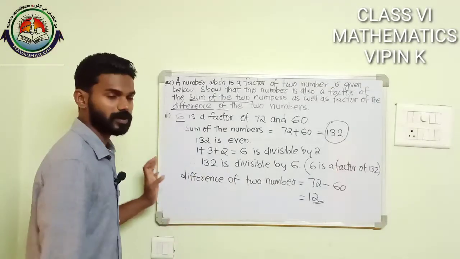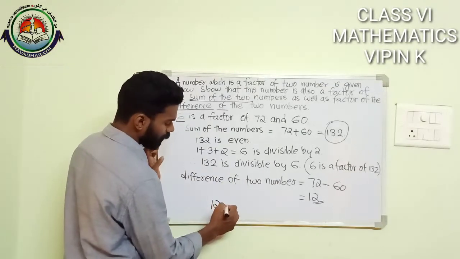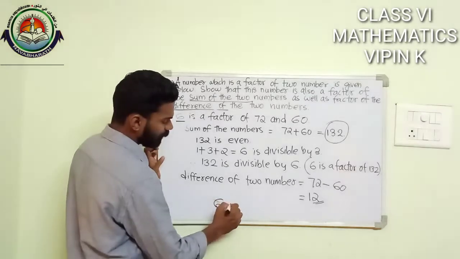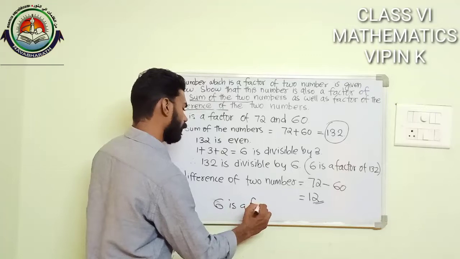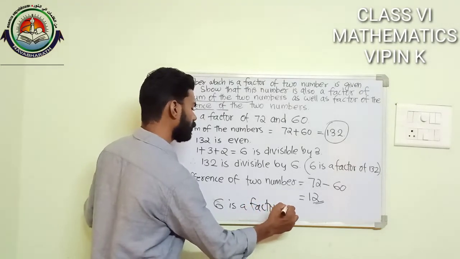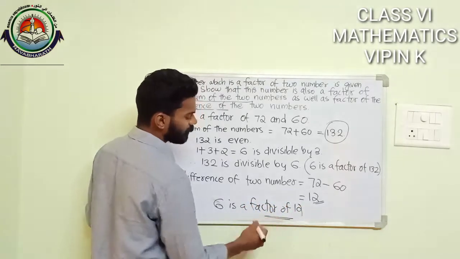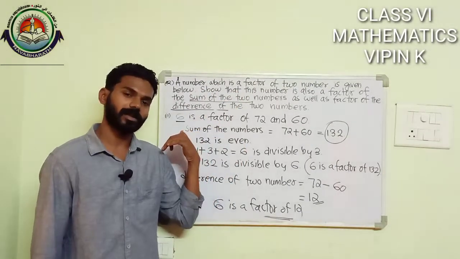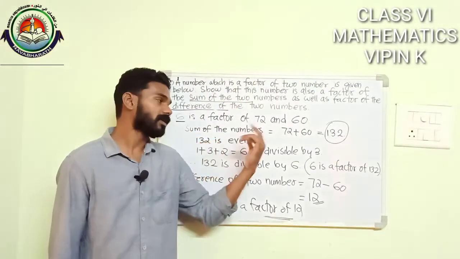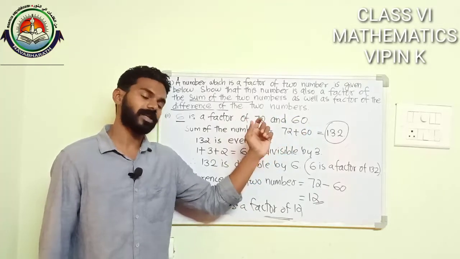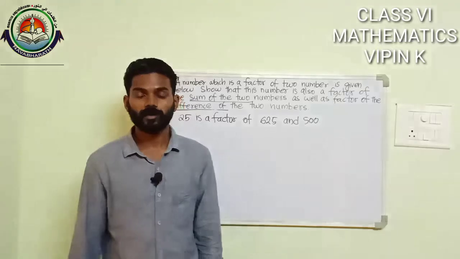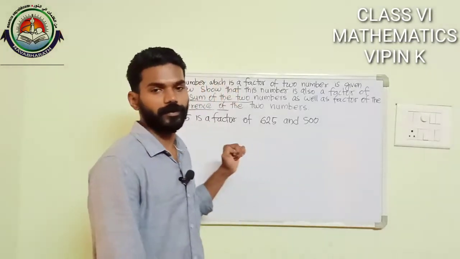Or we can say that 6 is a factor of 12. So we just proved the two conditions. The number 6 is divisible by the sum of the two numbers as well as the difference of the two numbers. Clear? Okay, one more problem we can do.